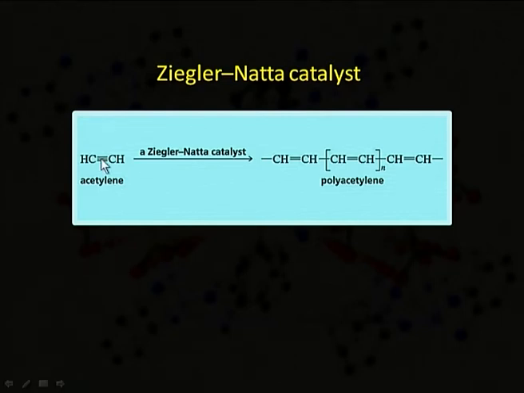It has a triple bond, and by using Ziegler-Natta catalyst it is converted into polyacetylene. It is a long unbranched polymer and can be prepared by using an aluminum titanium initiator, that is known as Ziegler-Natta catalyst, as polyacetylene and polypropylene, etc.